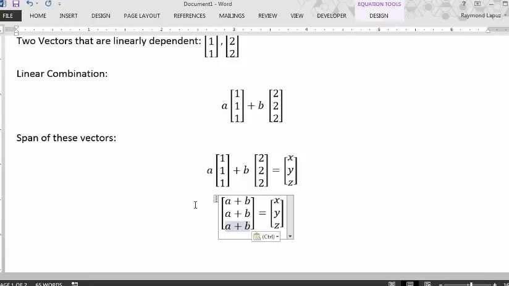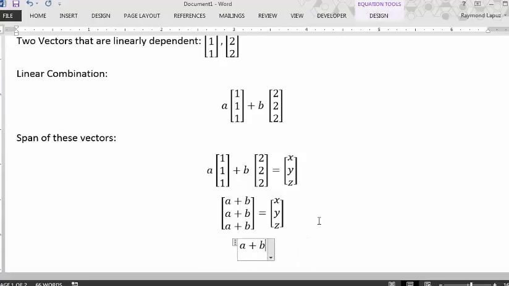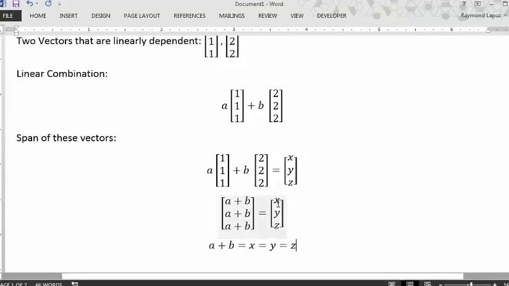So we can write a system of linear equations, but they all come down to a plus b is equal to x, a plus b is equal to y, and a plus b is equal to z. So any vector that has the exact same x, y, z components will be in the span.